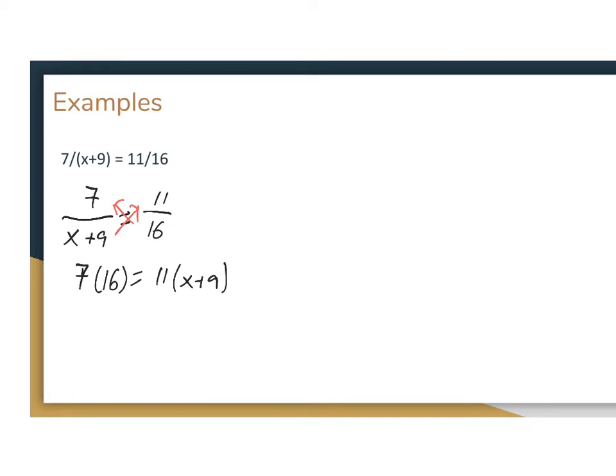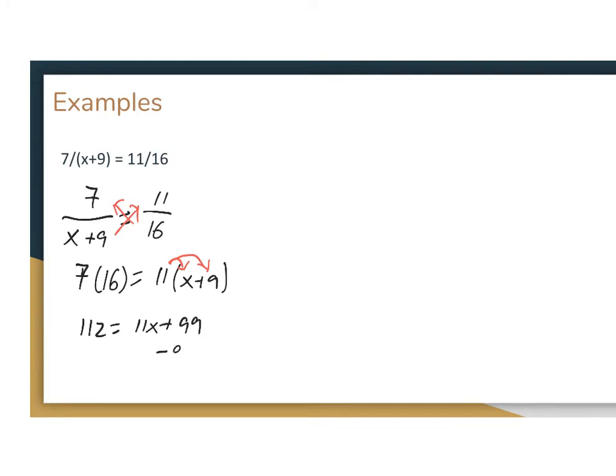Now we are going to do our distributive property. Distribute 11 in. We get 7 times 16 is equal to 112, is equal to 11x plus 99.